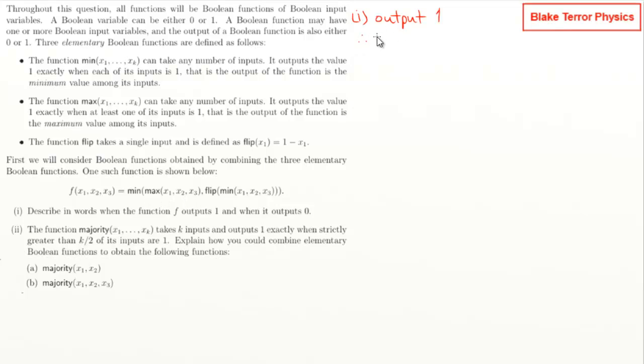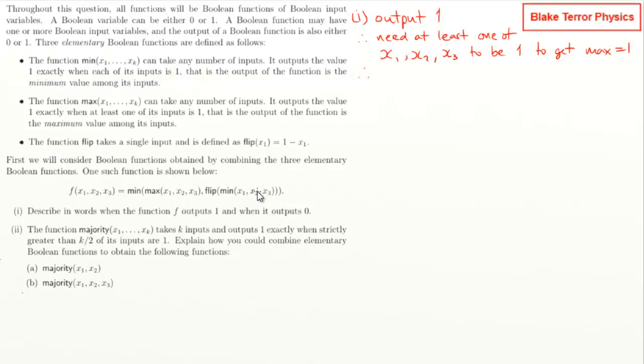So therefore we need at least 1 of x1, x2, x3 to be 1 to get max equal to 1. And we also need this flip of min to be equal to 1.